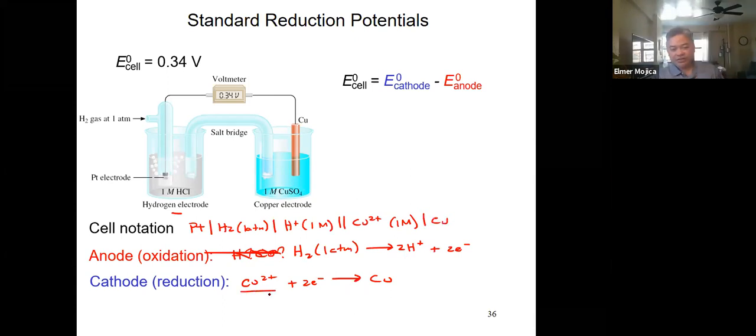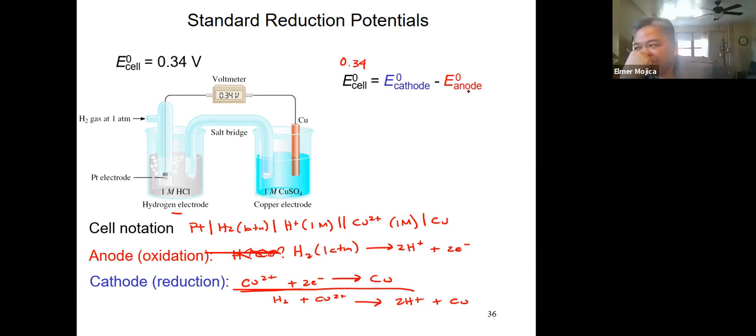And if you look at the overall reaction here, you just combine the two: H2 plus copper 2 plus, producing 2H plus and copper. Now, based on this one, you have 0.34. Now, where will I put the 0 here? Is it the cathode or the anode?